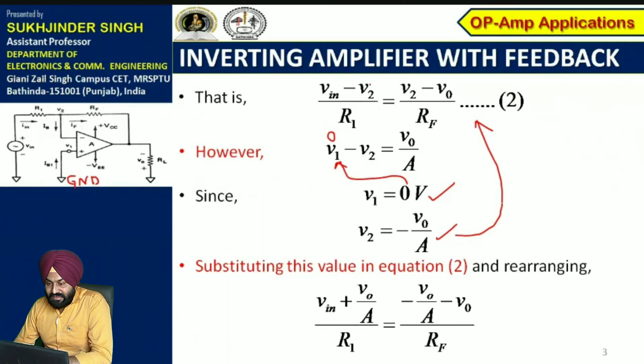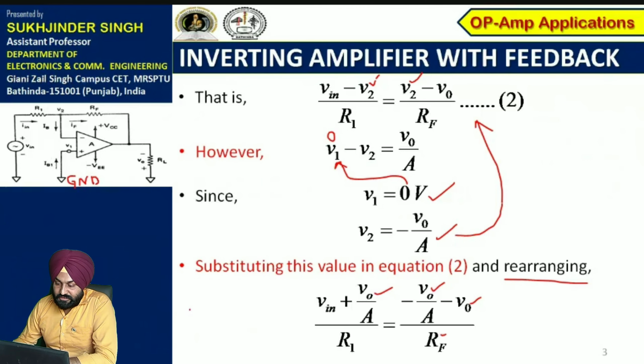We get Vin, after replacing V2 with negative V0 upon A, plus (V0 upon A) divided by R1, is equal to, here also V2 can be replaced as minus V0 upon A, minus V0, divided by RF.